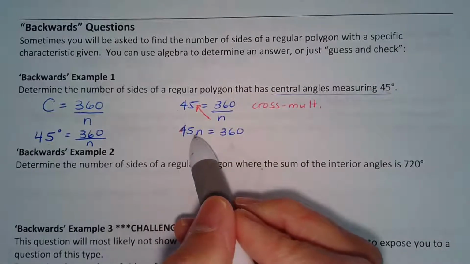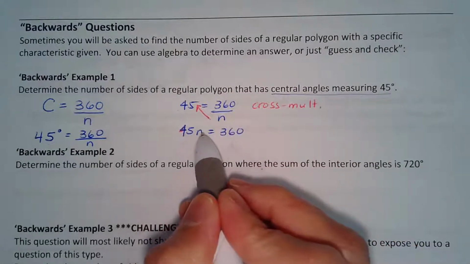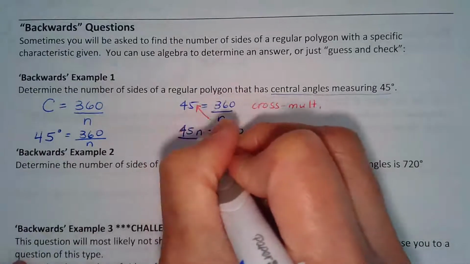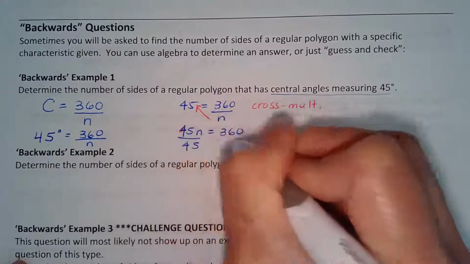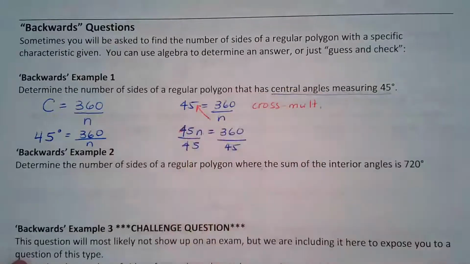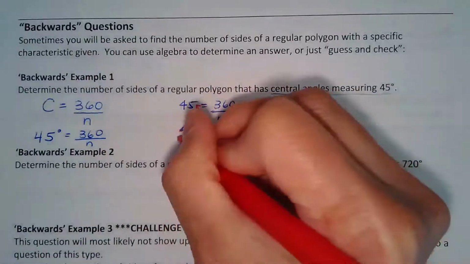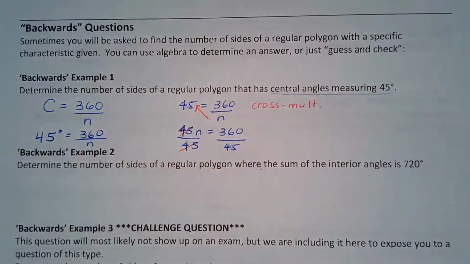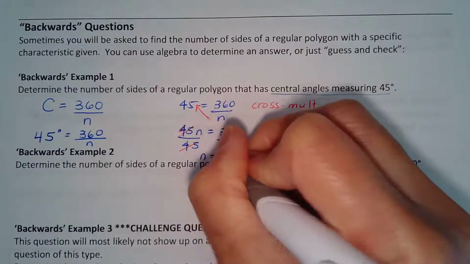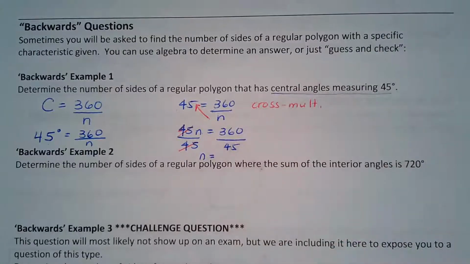Now what we're going to do is have the n alone. So 45 times n. The opposite of multiplying is dividing, so we're going to divide by 45. The 45s will cancel, and then we're left with n equals 360 divided by 45.